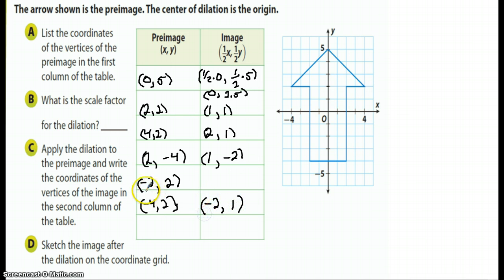Let's go back up here and complete this one. 1/2 of a -1 is a -1, and 1/2 of 2 is a -1, and 1/2 of a -2 is a -1. Kind of get my bearings together here, and then 1/2 of 2 is 1.